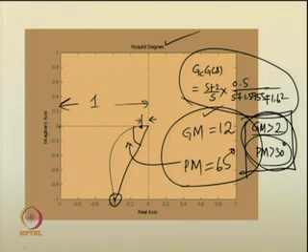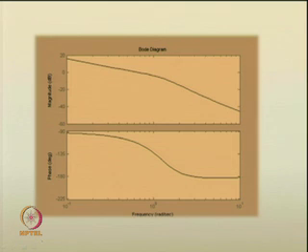Now, the same information can be derived using the Bode diagram. Using the Bode diagram, we can track the phase and gain crossover frequencies and then the phase and gain margin.